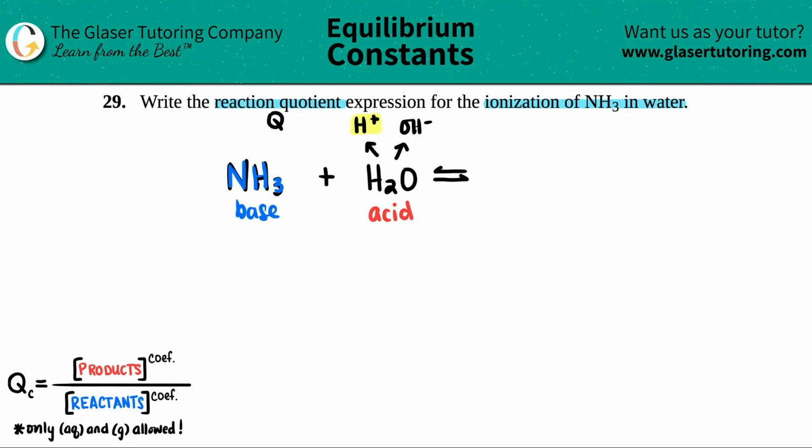The acid always loses its hydrogen and donates it to the base. So maybe I'll just write this over here and put it last. It really doesn't matter though. When water loses its hydrogen, it's no longer H2O, it's just OH minus. So I'm just going to erase this and say, okay, I got an OH minus.